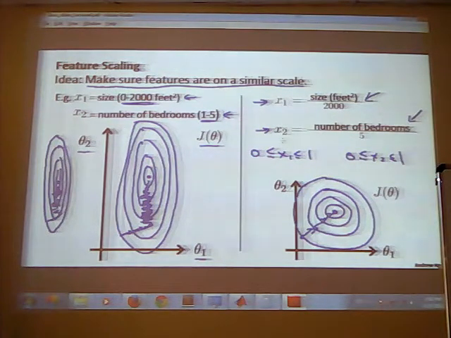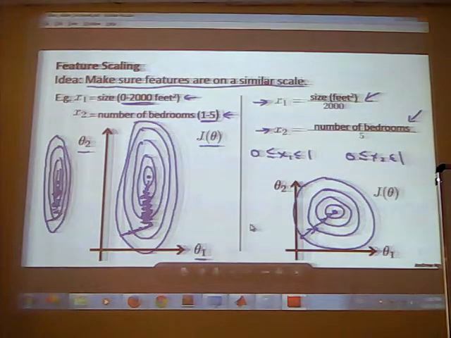Taking these ranges of values for x1 and x2, we will end up with a figure like this, which is more circular, and as you can see, it will take fewer iterations to reach the global minimum. So this is why feature scaling is important in an algorithm. We can also take these values directly, but we will end up with a figure like this, and it will take more time. So this is the idea behind feature scaling.